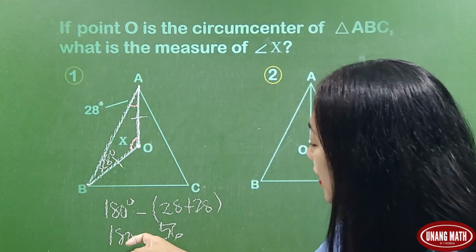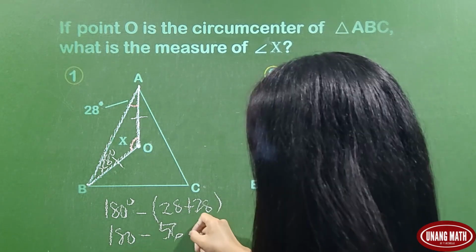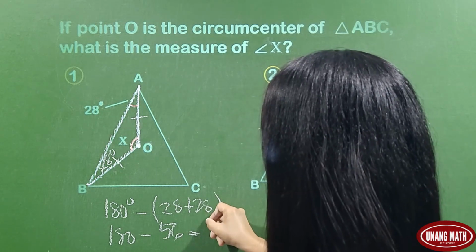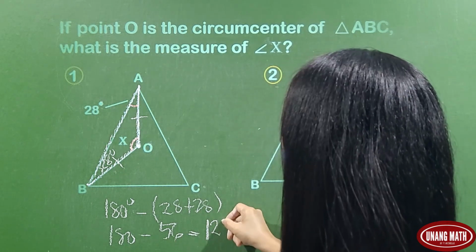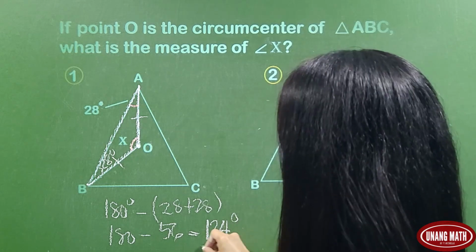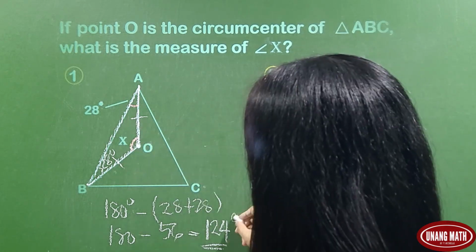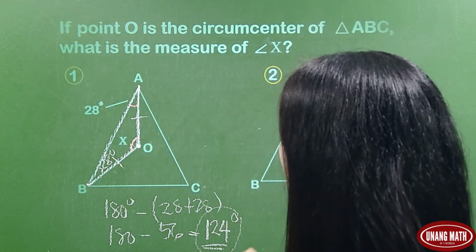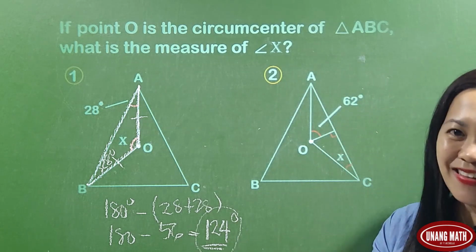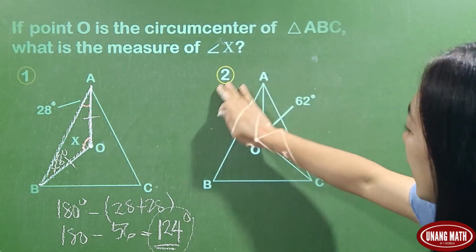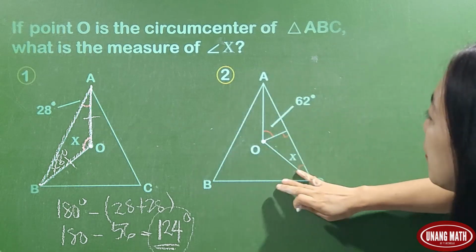So 180 minus 56 is equal to 124 degrees. So angle X is 124 degrees.